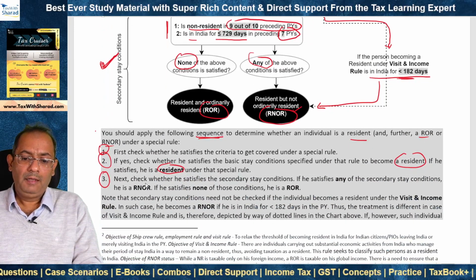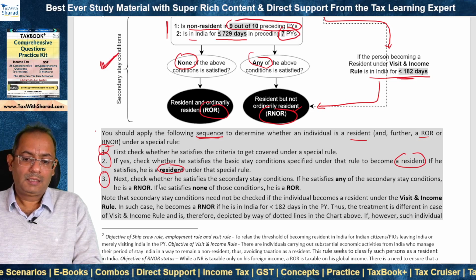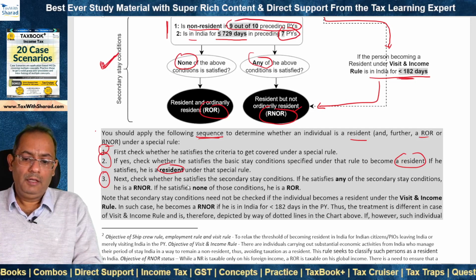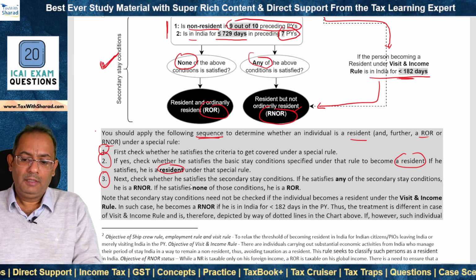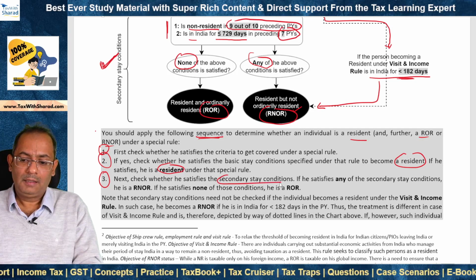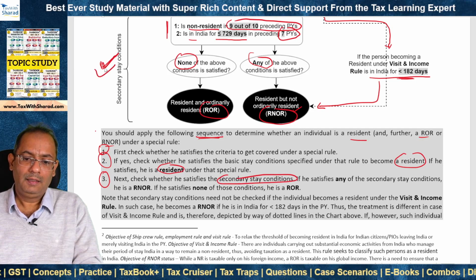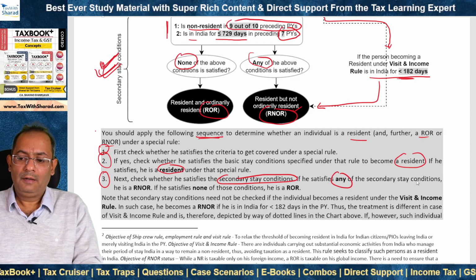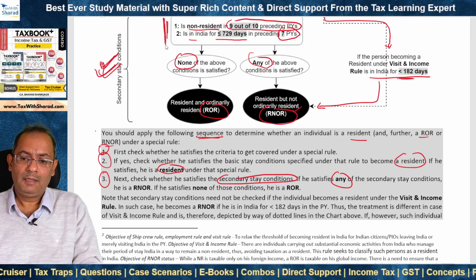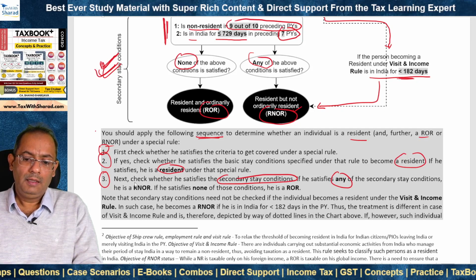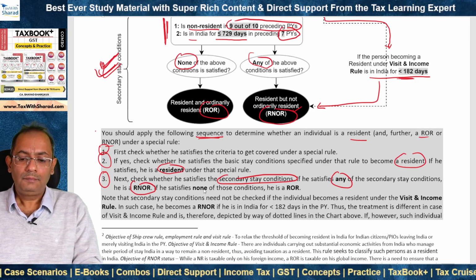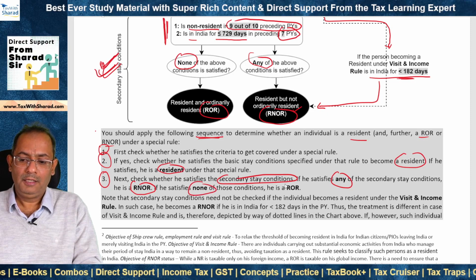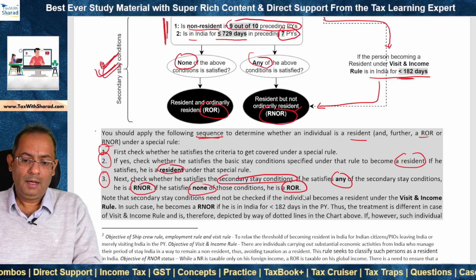As per step 3, we need to move to the next check where we need to determine whether he satisfies the secondary stay conditions, right? These are the secondary stay conditions. If he satisfies any of the secondary stay conditions, that means secondary stay conditions 1 and 2, he is a RNOR. And if he satisfies none of these conditions, he is a ROR.